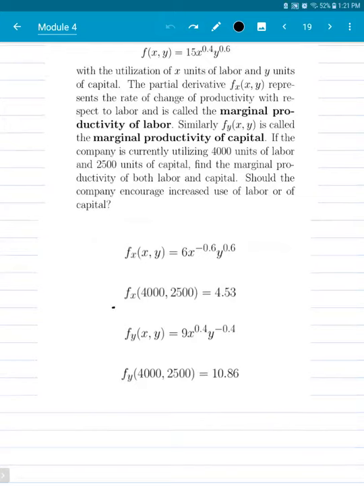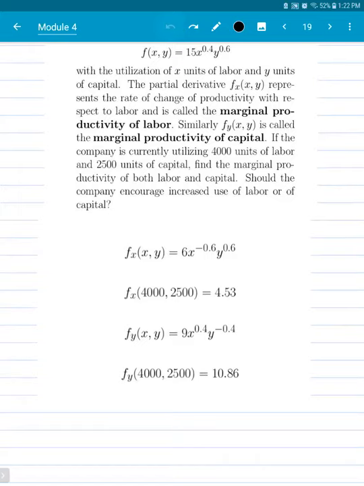How do we interpret this 4.53? Now here, what is changing is x. Remember, y is being treated or held as constant. So that means we fix production level or the capital at 2,500 units. Now the question is, what happens if we increase the units of labor?